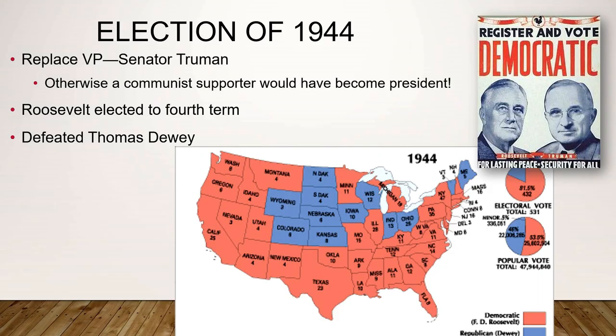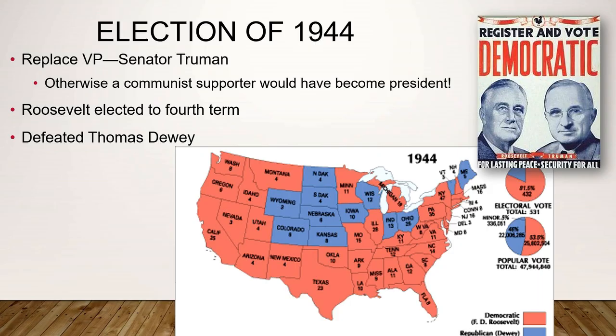He was an invalid, and he chose to run again. And this is one of the greatest disservices anybody who's ever run for president has done to America. He knows he's dying. The people around him know he's dying, and yet they lie to the American people to get him reelected again in 1944, and within four months, he's dead.